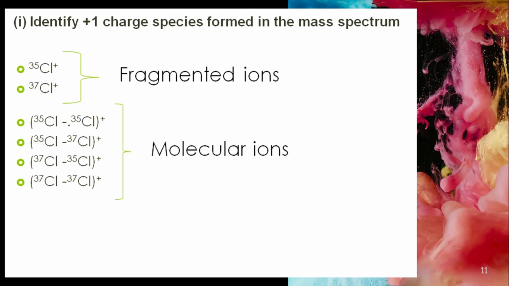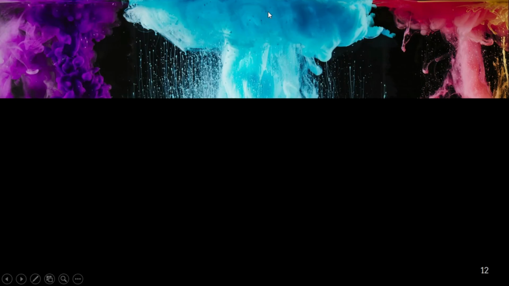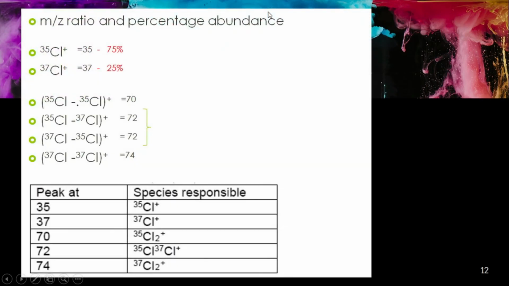After you identify the +1 charge species, then we calculate the mass to charge ratio of the specific molecular ions which we have found. As you can see here, 35Cl and 35Cl will form a peak at 70, since it has a mass to charge ratio of 70. Likewise, 35Cl and 37Cl will form a peak at 72.